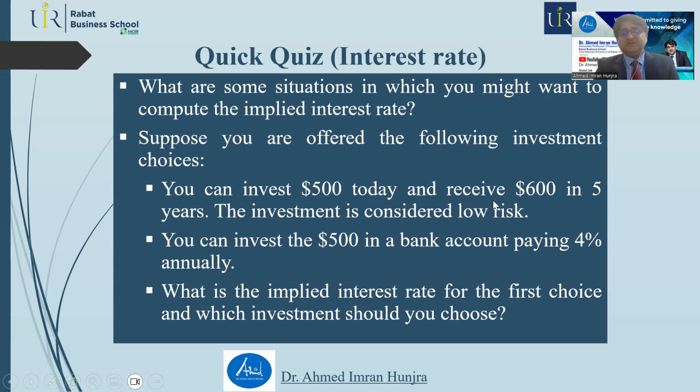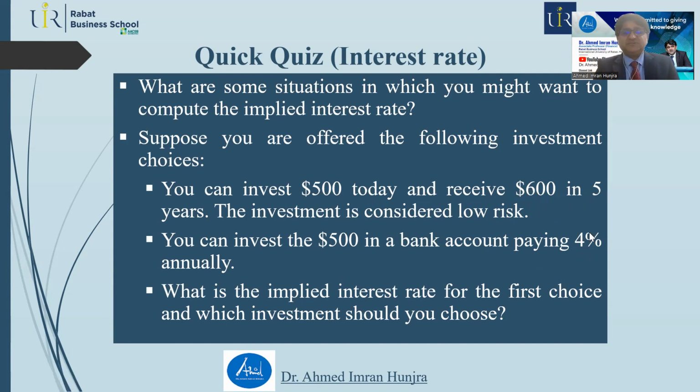We can find the rate of return: 600 divided by 500, raised to the power 1 over t, minus 1. We can find the value. So here we have another option. If we solve this question, we can get maybe 3.7%. What does it mean?